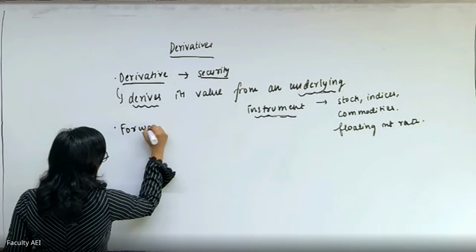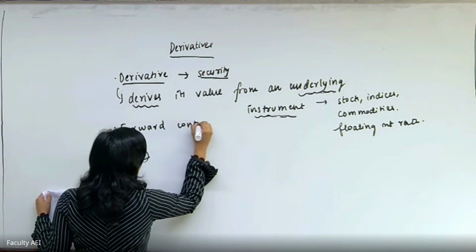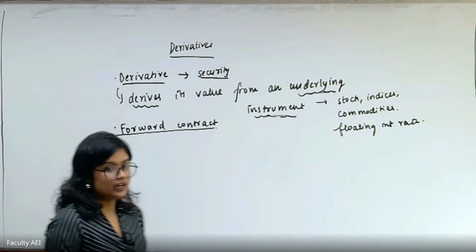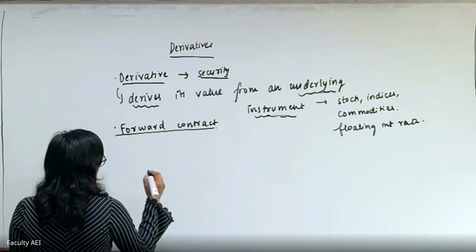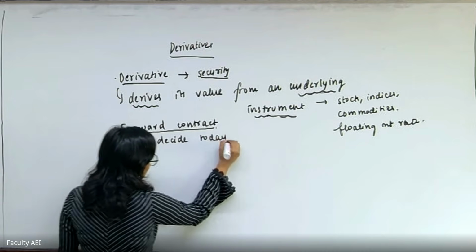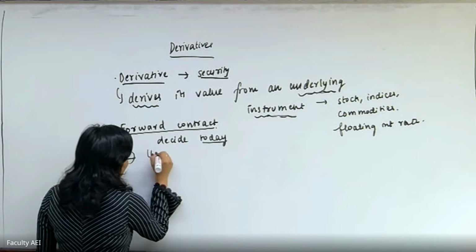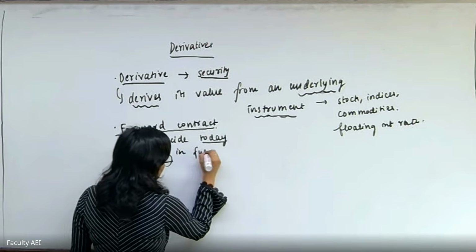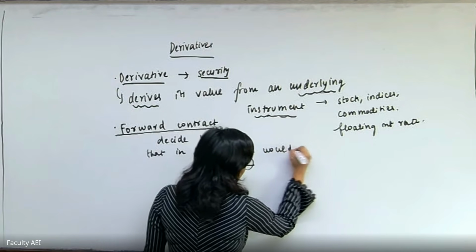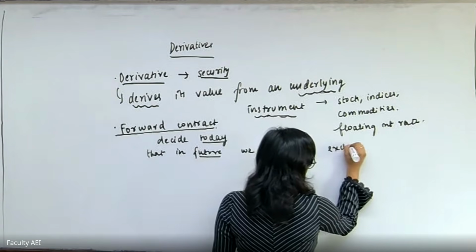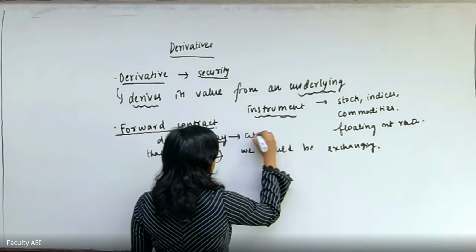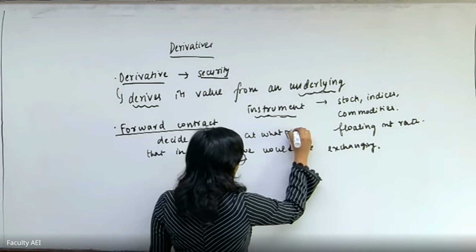After this, the first kind of derivative is the forward contract. What is the meaning of forward contract? Under a forward contract, we decide today that in future we would be exchanging a certain, specific commodity at what price.